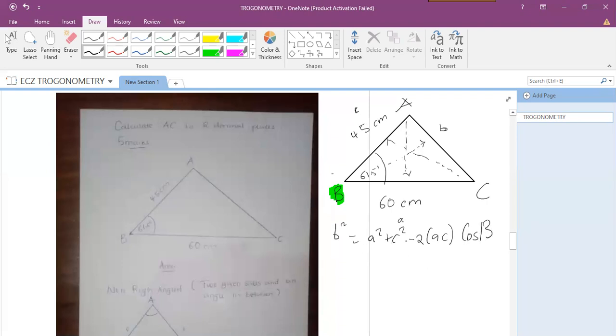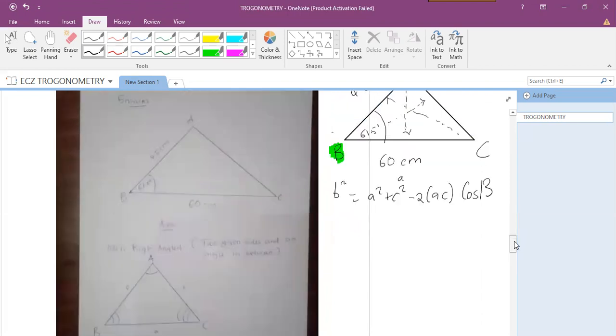So we've defined the cosine rule here: b squared equals a squared plus c squared minus 2ac cos b.